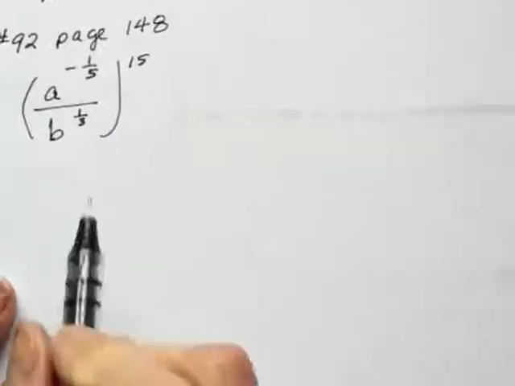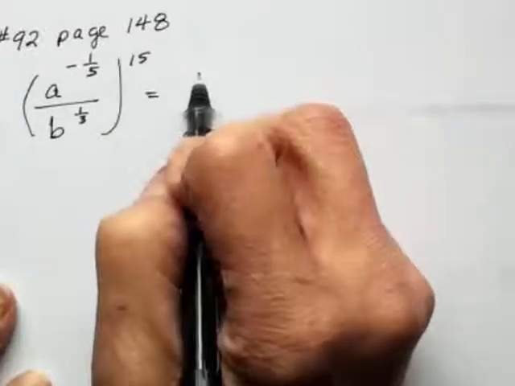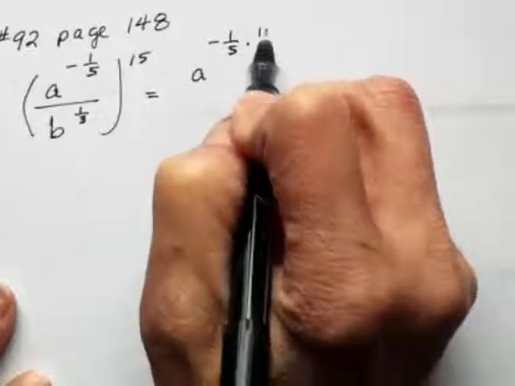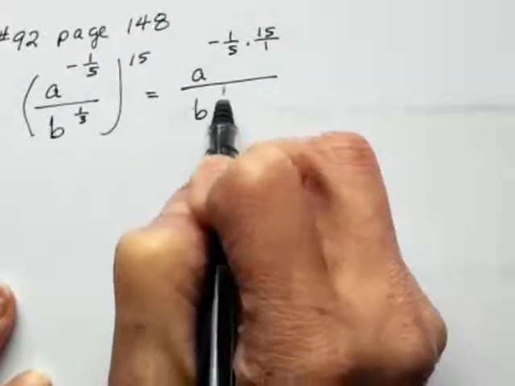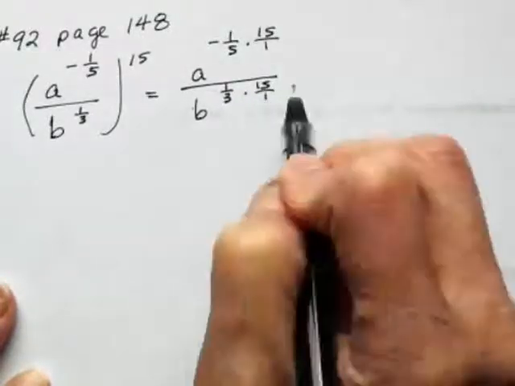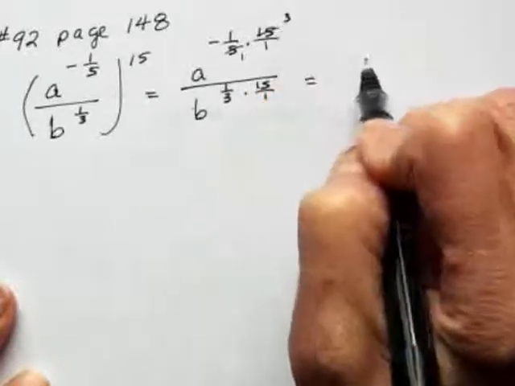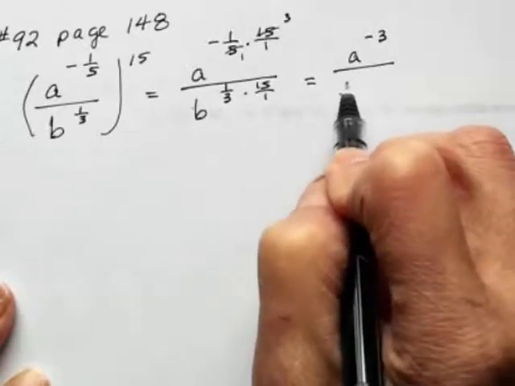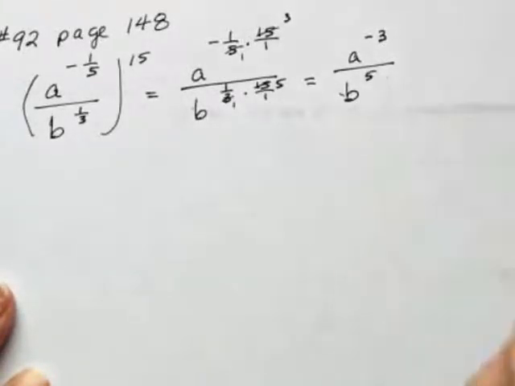So I'm going to go ahead and bring my exponent in, and when I bring it inside, it's going to be multiplied. So it's going to be a to the negative 1/5 times 15 over 1 divided by b to the 1/3 times 15 over 1. Multiplying, this becomes a to the negative 3 over b to the 5th.